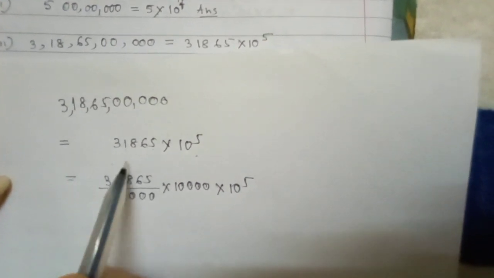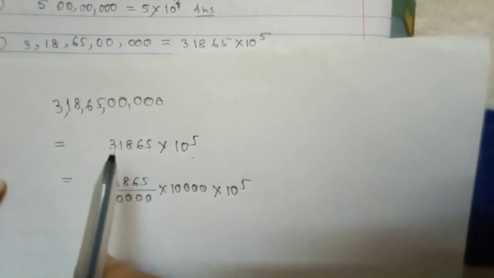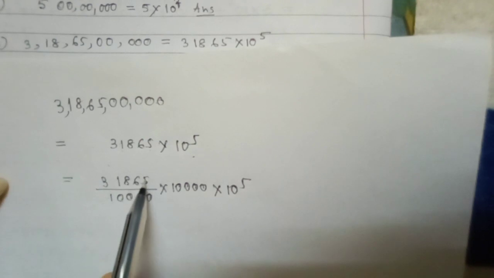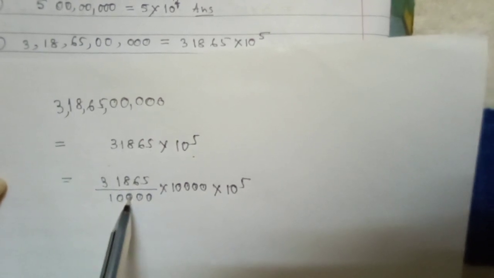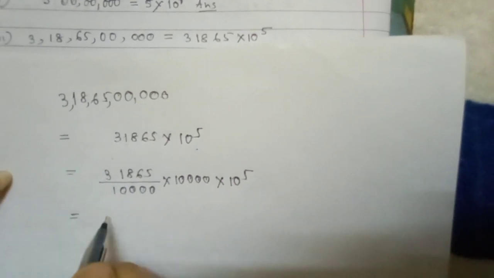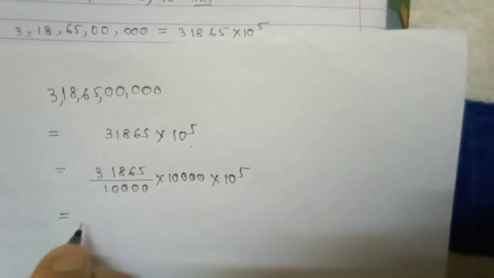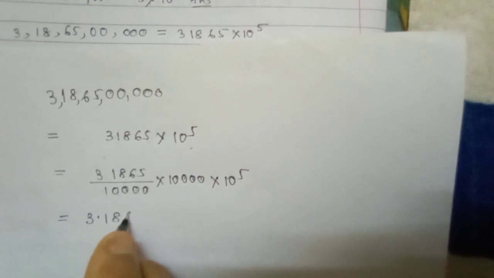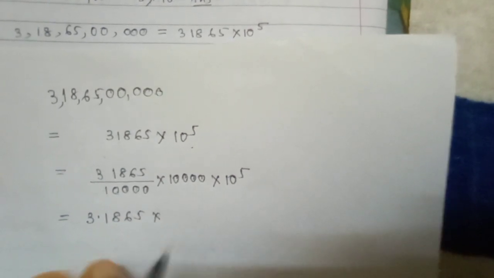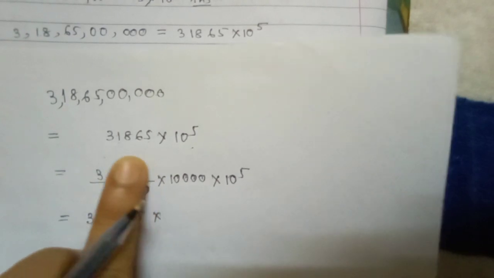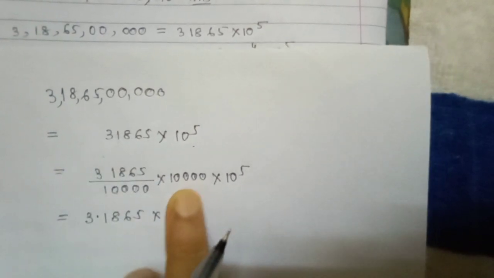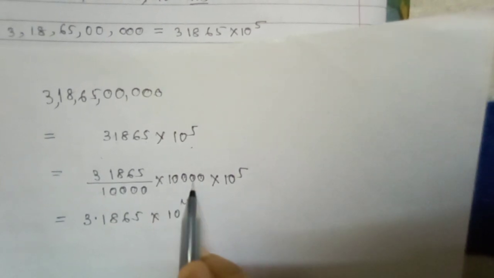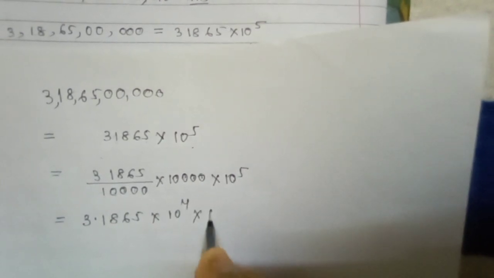To put one decimal, I have to divide by 10,000, and for this 10,000, I can easily put 3.1865. Then this work is finished. Remaining this portion, 10 to the power 4, and now this portion is 10 to the power 5.